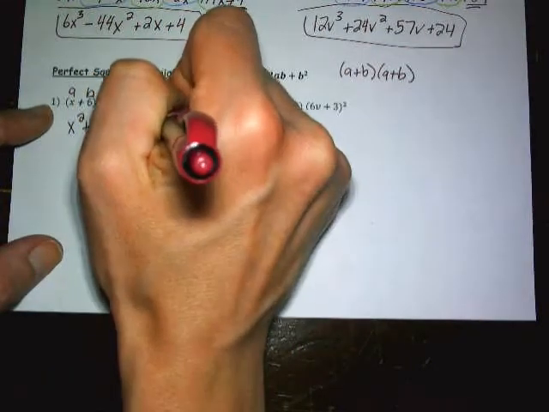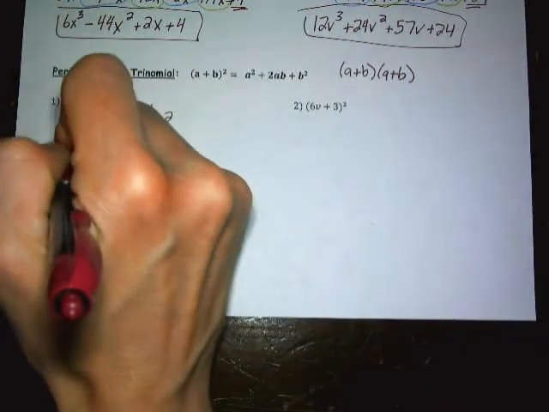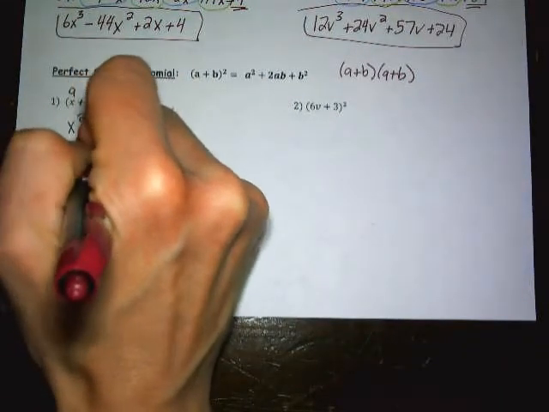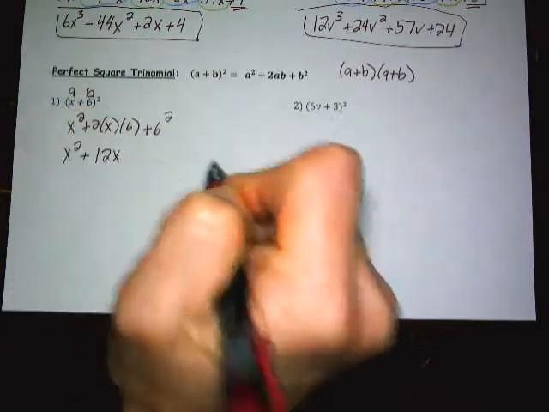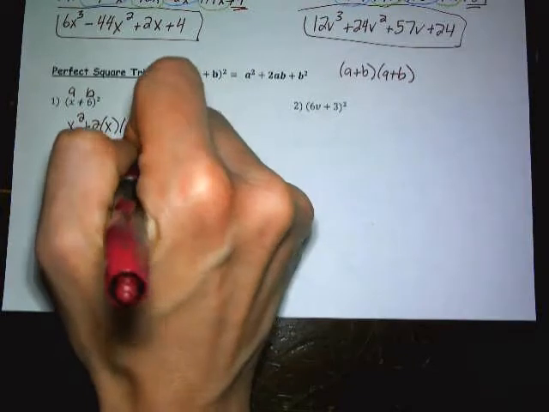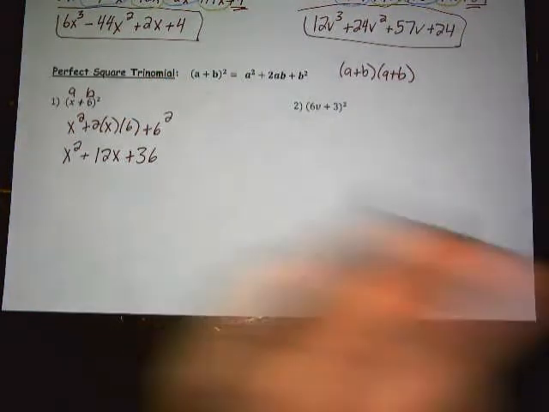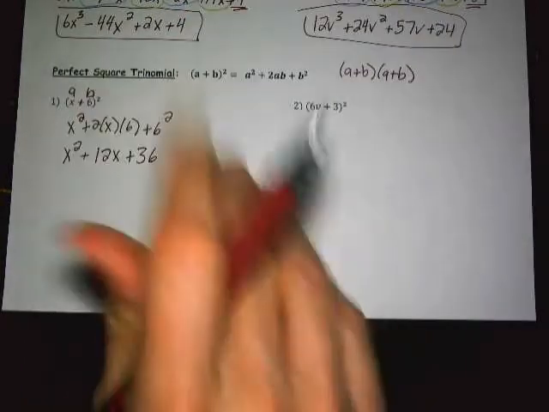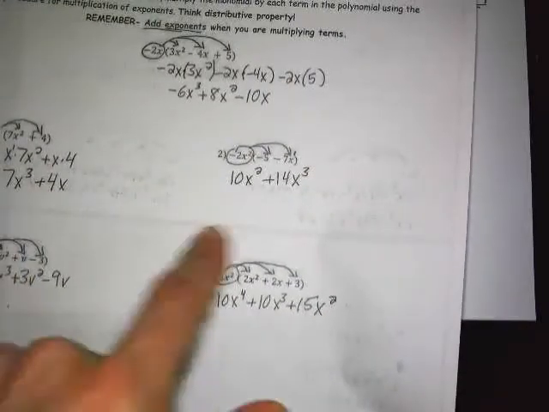So plus 6 squared. Then we just do the math. X squared plus 2 times 6 is 12x, because we have x there, plus 6 squared is 36. So this is much faster than, you know, doing that.